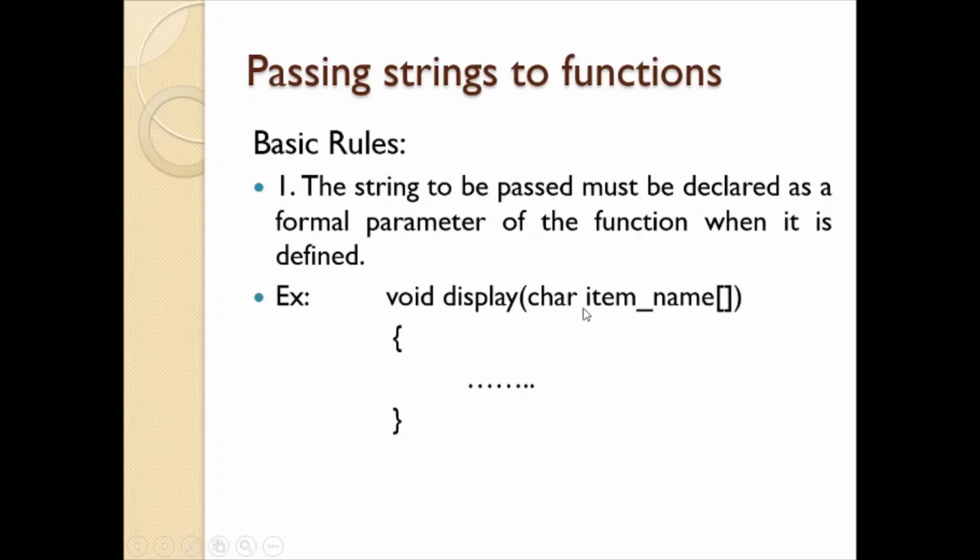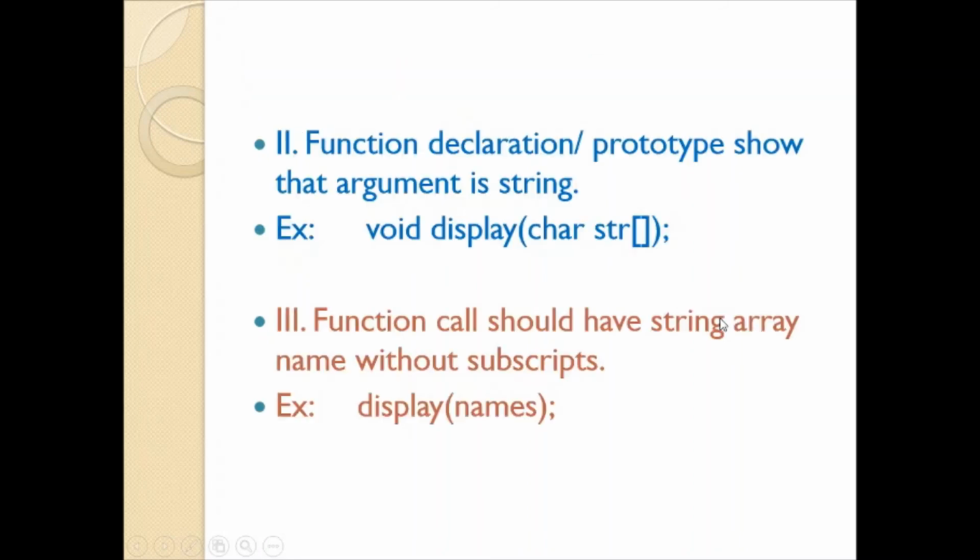So this is the type of the string, that is a character array, and the string name is the item name along with a subscript. Second rule: the function declaration should also have a string name. Here the function declaration or prototype should show that the argument is a string.